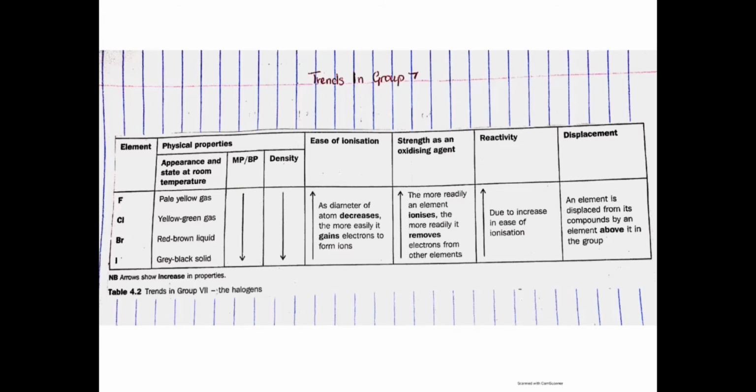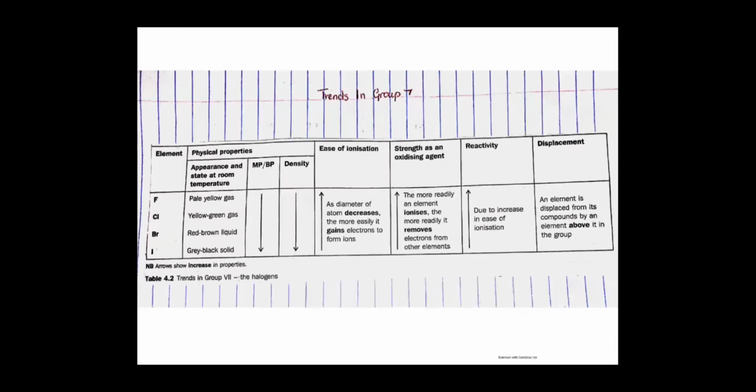Melting and boiling points. You're seeing that the arrow is facing downwards. When the arrow is facing downwards, it means that it's decreasing. So the arrow shows an increase in properties, right? This means that on top here, it's easier to melt or boil than down here. It has to do with the size.